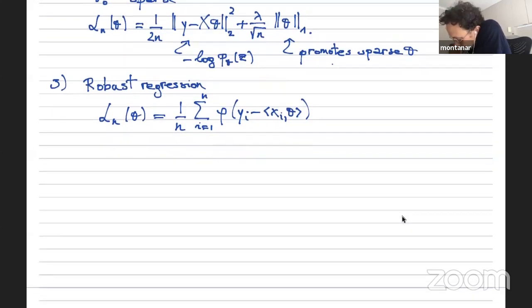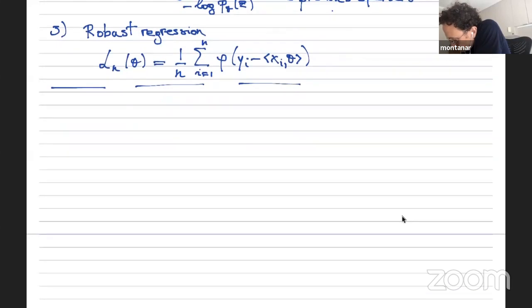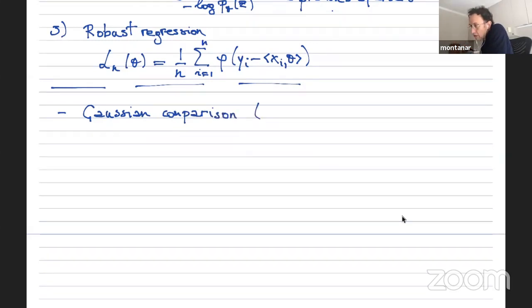So these are 3 examples, and again, we are interested in studying the asymptotic behavior of these methods in these problems. I will describe in the next 2 lectures 2 methods. One is Gaussian comparison. These are classical techniques, but they've been revived in this context fairly recently.